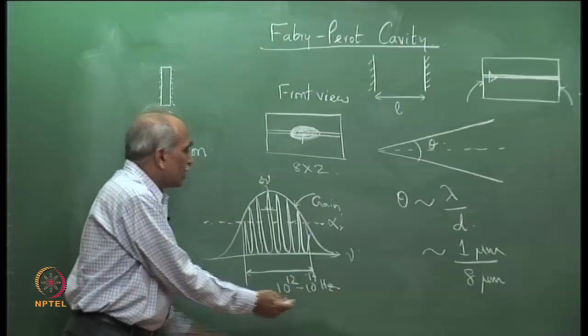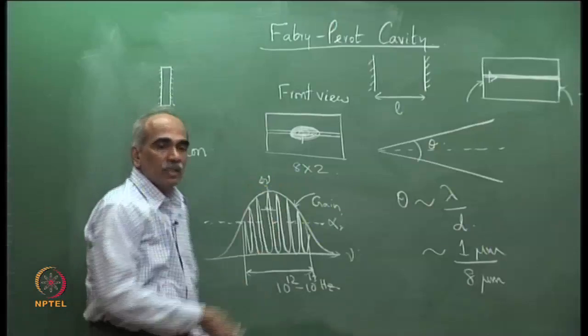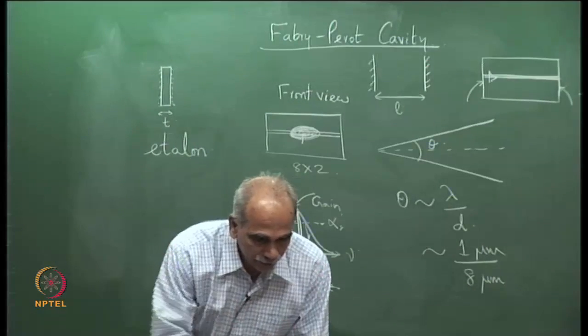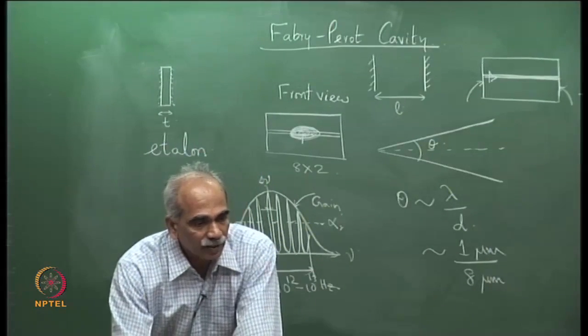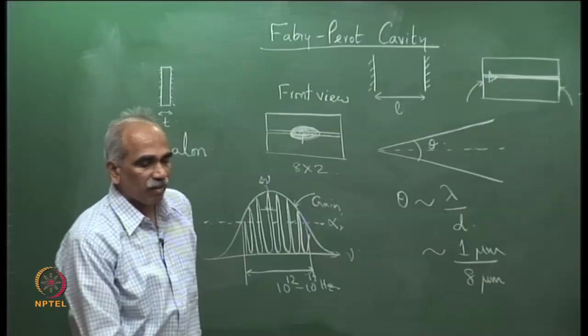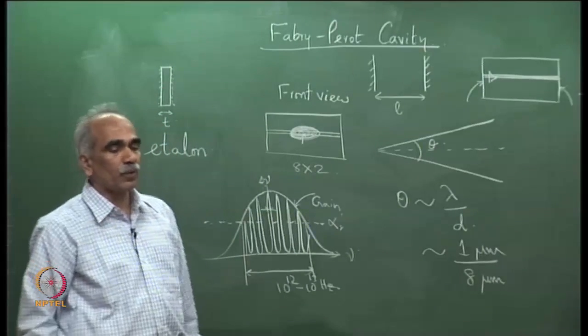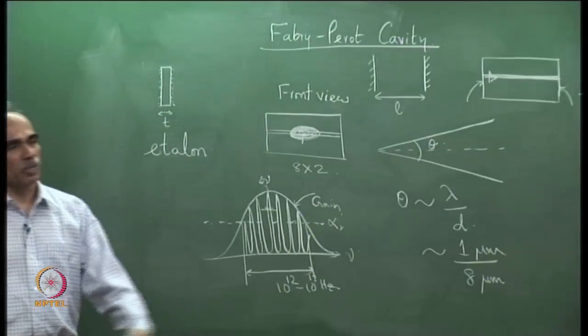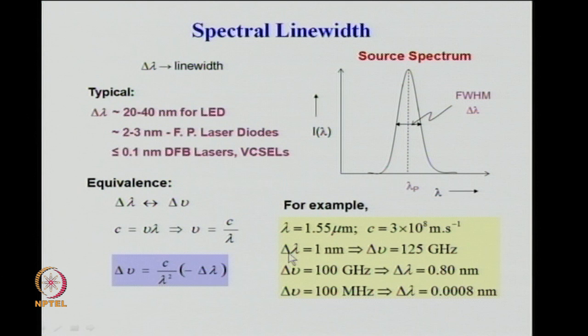So, single frequency lasers have very narrow line widths, and consequently, as given in this slide, the line width delta lambda is of the order of less than 0.1 nanometer, many times much less. Some elementary calculations are made here, the relation between delta lambda and delta nu.